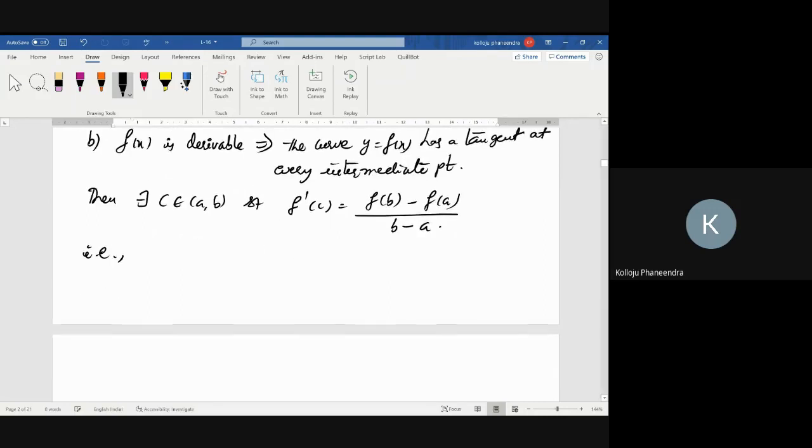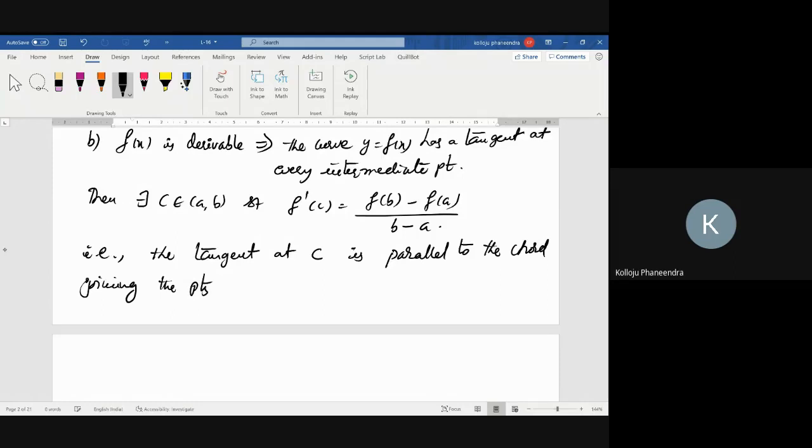F dash C means the slope of the tangent at point C. The tangent at C is parallel to the line segment joining the points A comma f of a and B comma f of b.